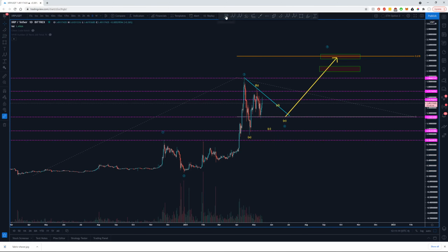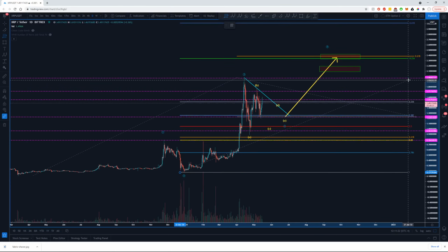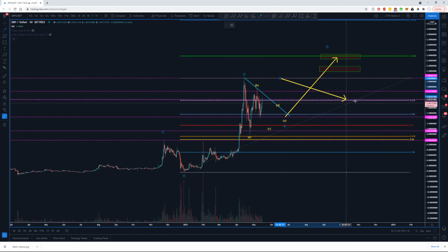The very last thing I'll do is go back to one of our Fibonacci retracements that we had on the chart, and that's the pull from the bottom to the top of our 3rd wave right here, and I'll pull it sideways. Now, one thing I like to use is the negative values on the Fibonacci retracement. So we know that from the top here downwards toward this 0.236 is a 23.6% retracement of this move right here.